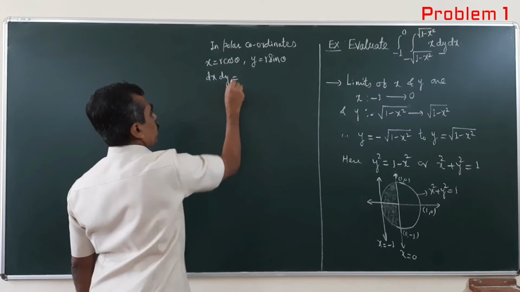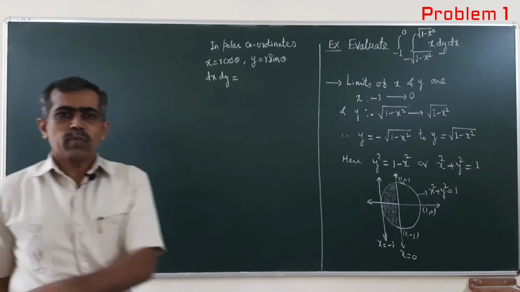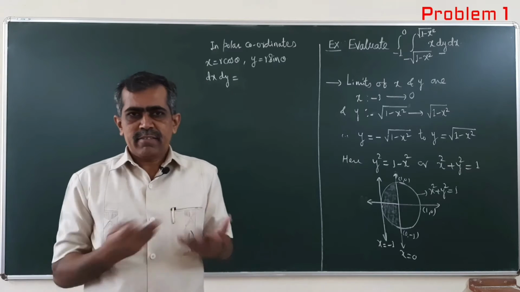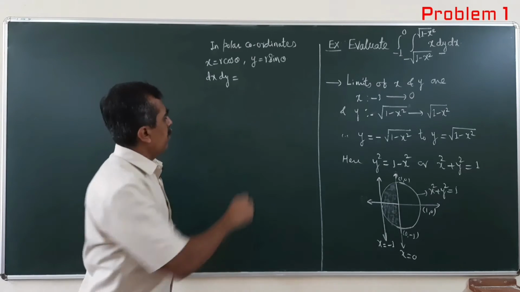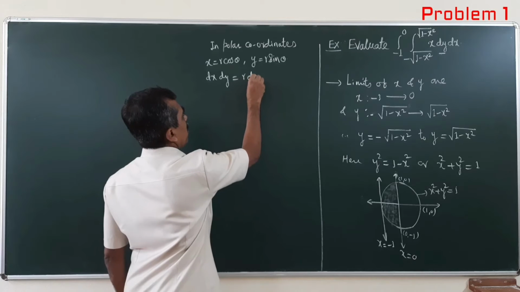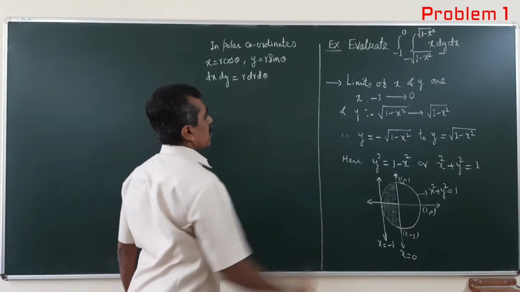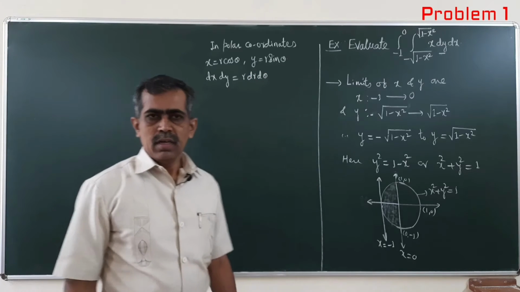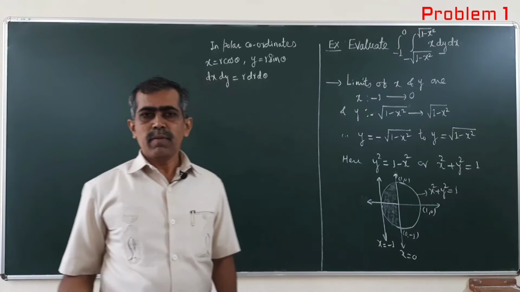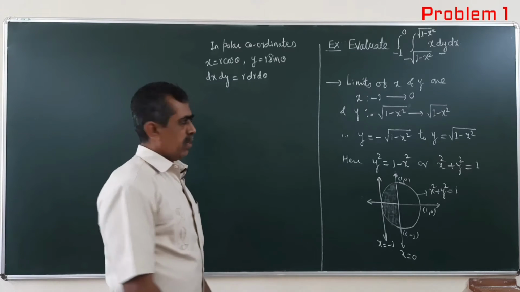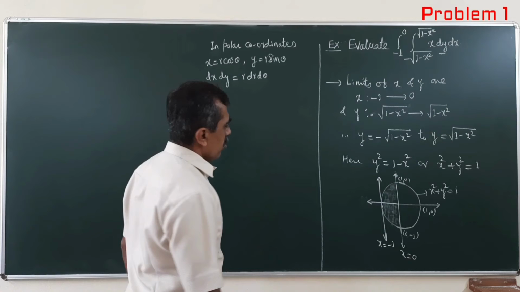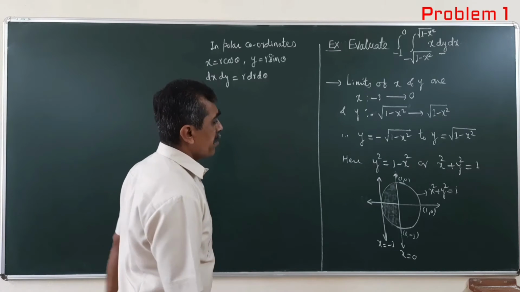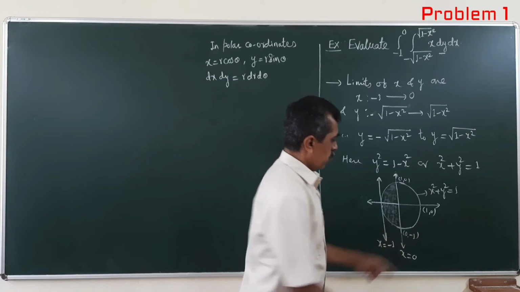In the change of variable formula, when we go from (x, y) to (r, θ), dx dy is r dr dθ. You might have seen this in the change of variable formula for double integrals in your theory part. Now see, what are the limits of r? What is this circle?